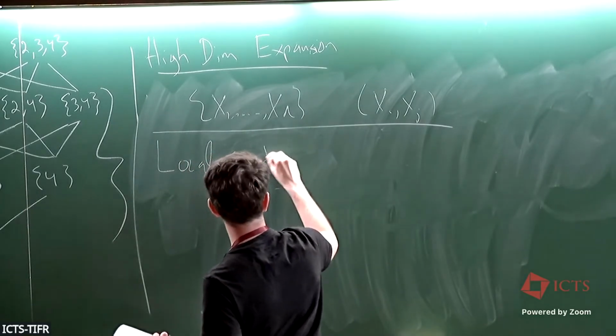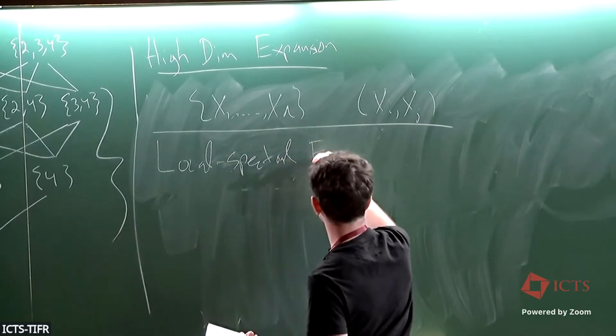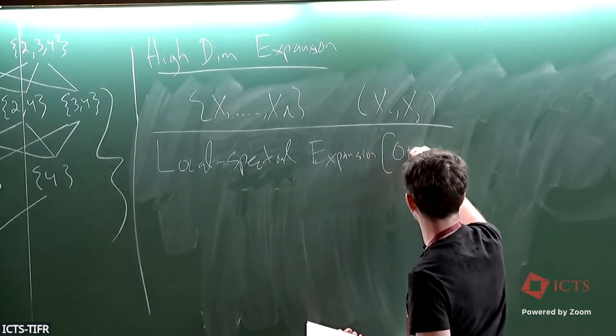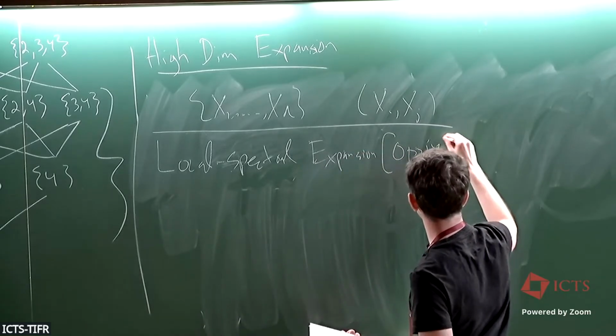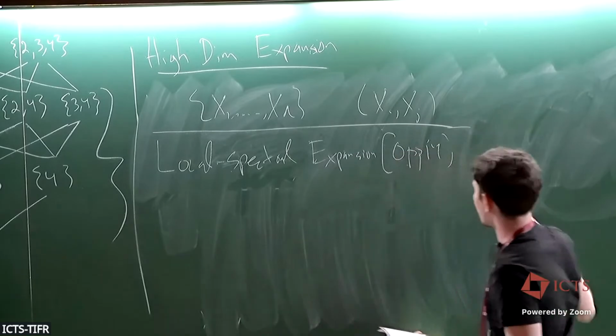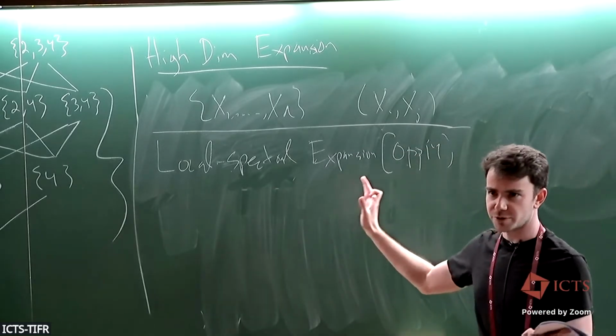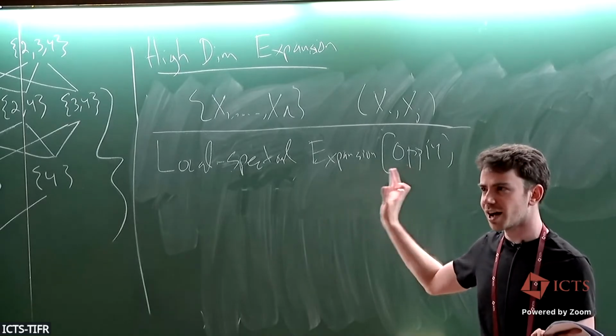This is usually attributed to Oppenheim. The original paper was in '14. I won't write down all of the names, but this notion of spectral high-dimensional expansion didn't arise in a void.